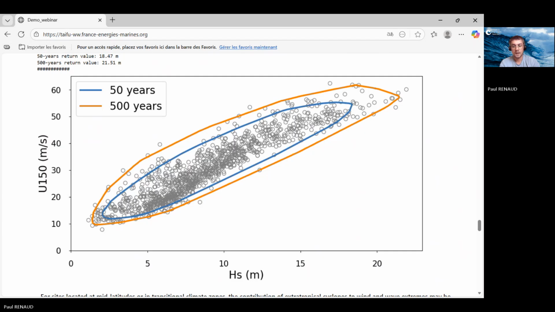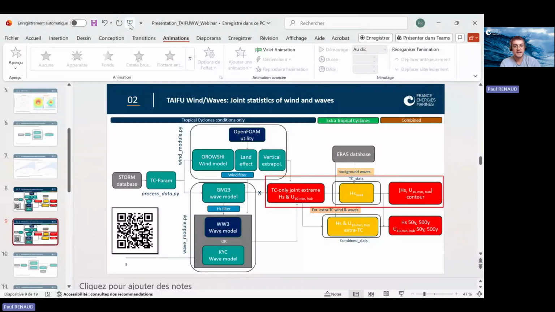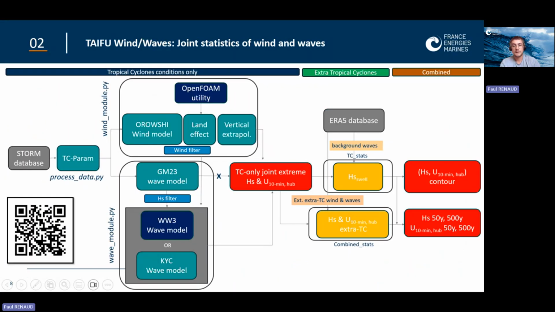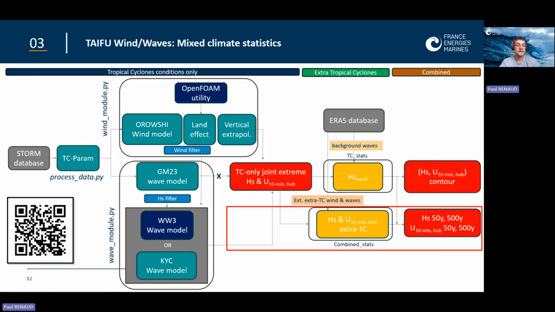And finally, we can also derive statistics in mixed climate. So for northern sites of interest, the contribution of extratropical cyclones can be significant. The methodology to derive the statistics of tropical cyclones is the same as before, using the STORM database, and then we add the contribution of extratropical cyclones using the ERA5 database as well.